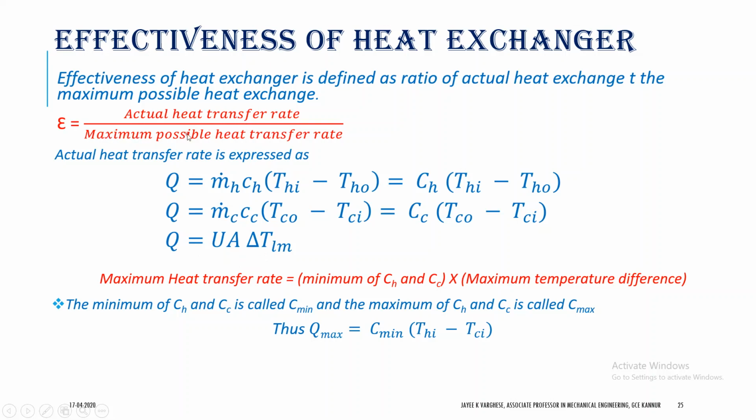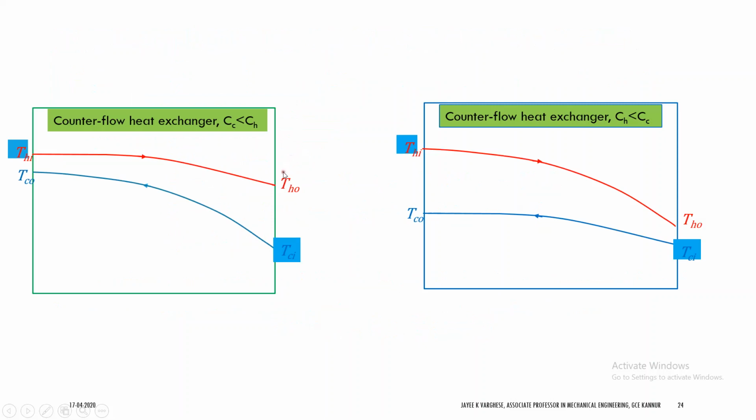Now, what is the maximum possible heat transfer rate? In the case of a heat exchanger, it can be calculated like this. Consider the case where the heat capacity rate of the cold fluid is less than the heat capacity rate of the hot fluid. Now we do one thing.